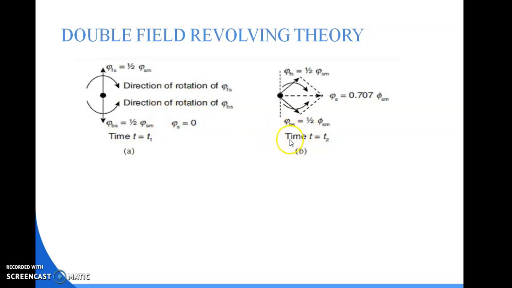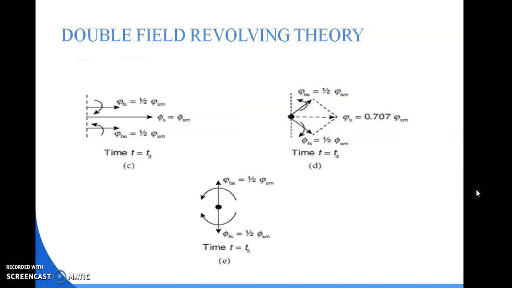You can see here phi Ts, phi Bs, these are two different fluxes and this is the resultant flux, the phi s. Its value is 0.707 phi Sm.